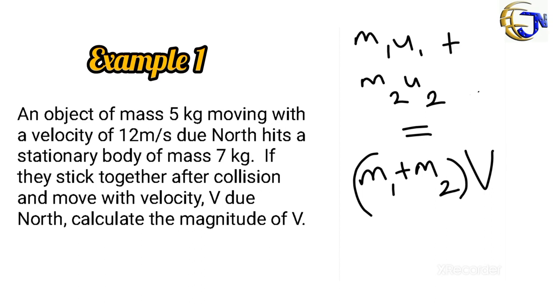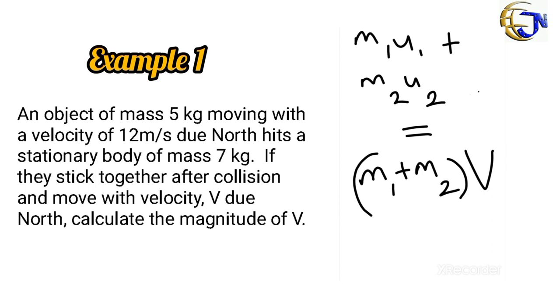For the second one, M2, U2, mass and velocity for the second body. That is momentum before collision. Now, after collision, the two bodies move with common velocity V, so M1 plus M2 is factored out, and then V because they move with common velocity.